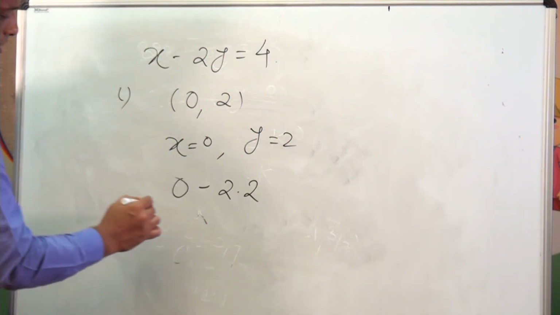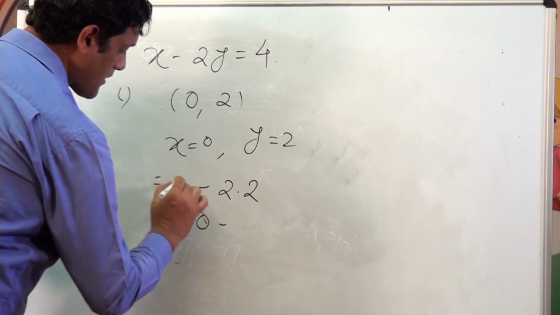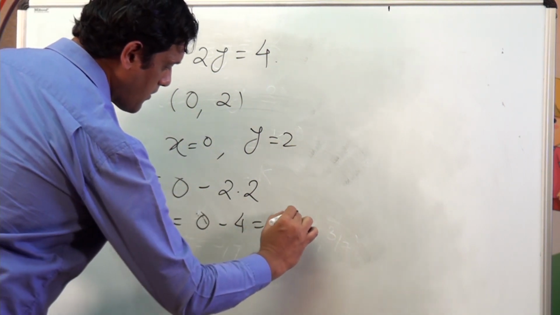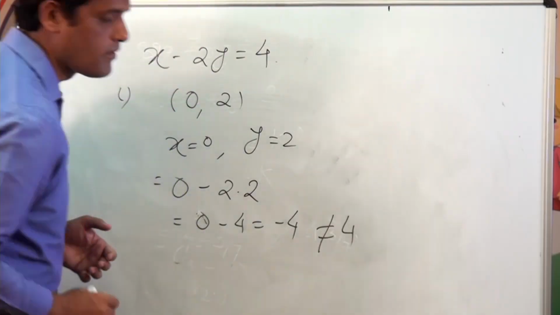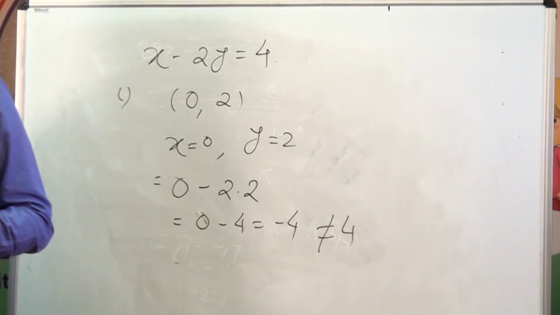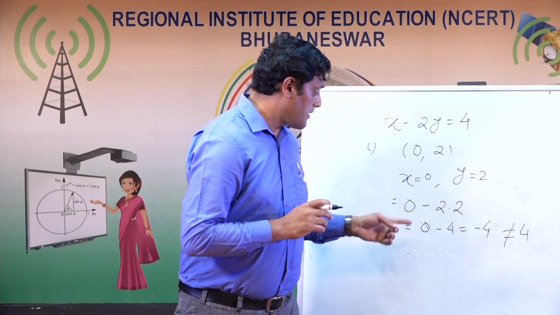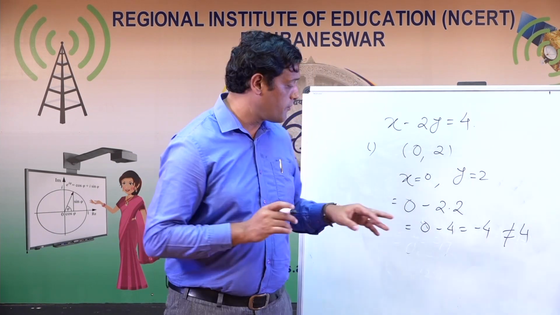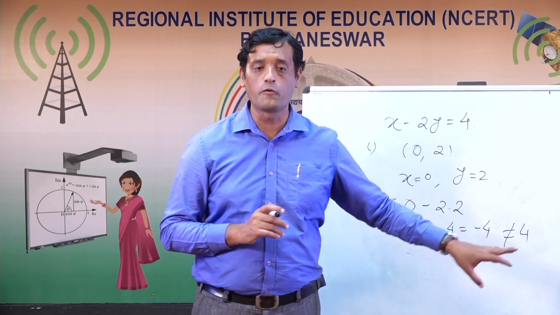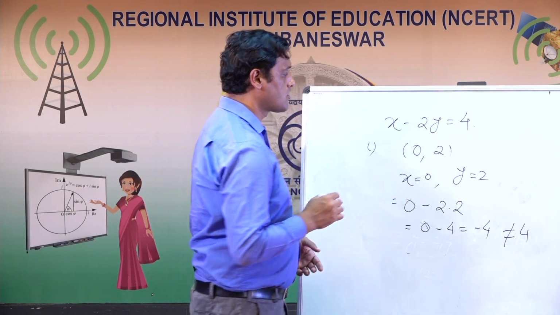So what are we getting? 0 minus 4 equal to minus 4. But this is not equal to 4, because our right hand side is 4. After putting x equal to 0 and y equal to 2, we are getting minus 4, not 4. It means that this pair 0 comma 2 is not a solution.